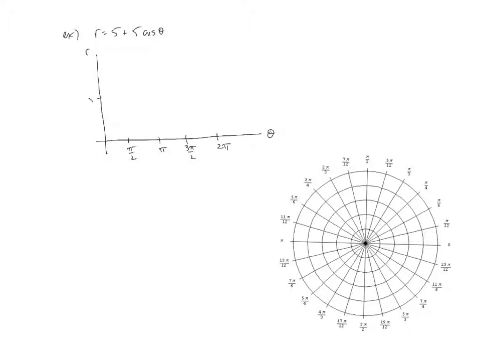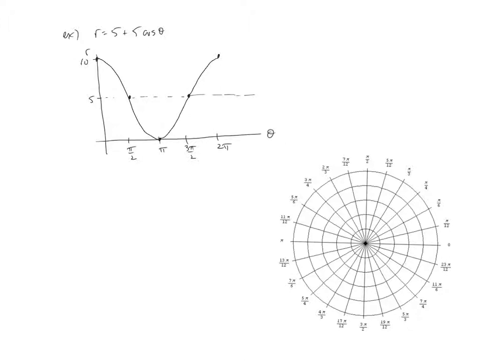So if we call this a 5, and I treat this as my midline, then my maximum values would occur at 10, and my minimum values would occur at 0. So from 5, we go up 5 for an amplitude, down 5 for the amplitude. Cosine starts high, comes down to the midline, down to the minimum, back up to the midline, and then back up to the maximum.